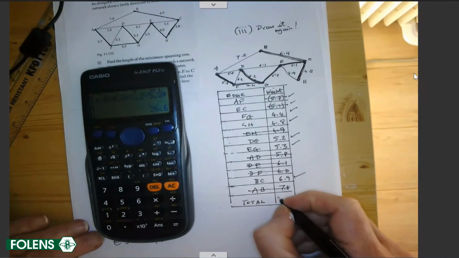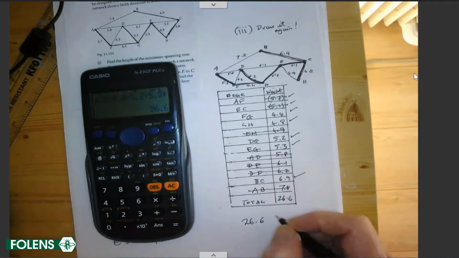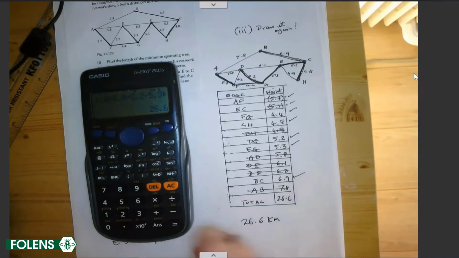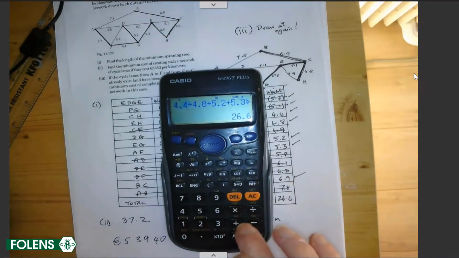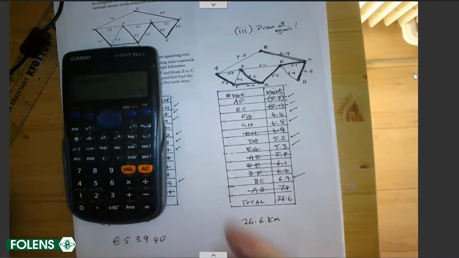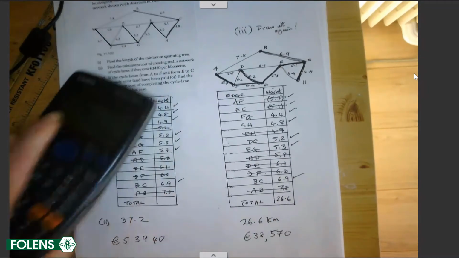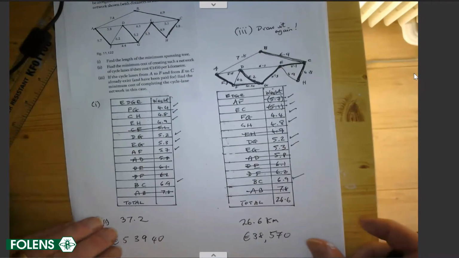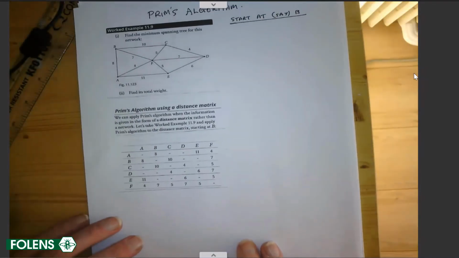That as a decimal is 26.6. So that's the number of kilometers at 1,450, so I shall multiply that by 1,450, and the cost will be 38,570 euros only. Brilliant. Very simple, and if I build that now, you can cycle to your heart's content.